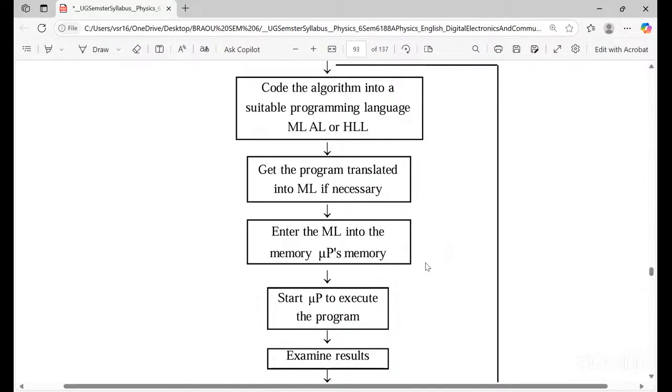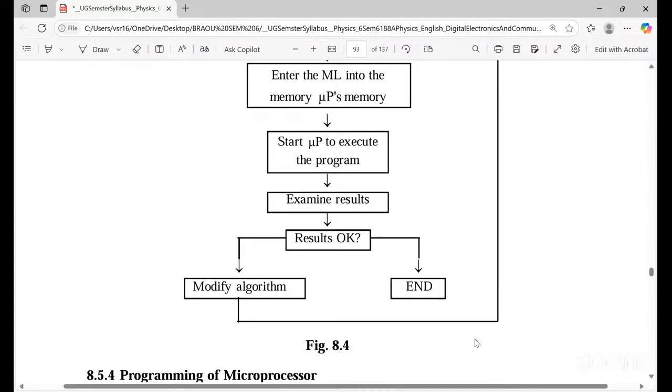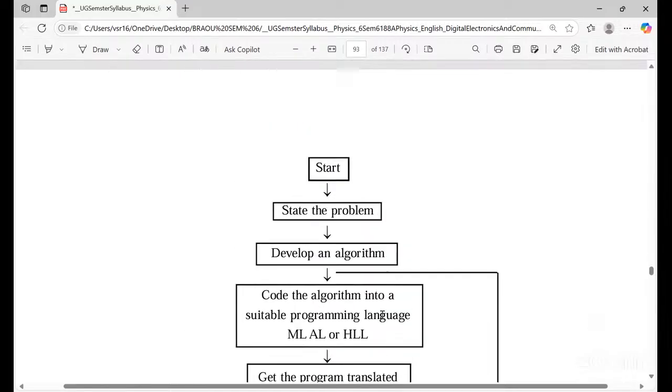Enter the machine language into the memory of the microprocessor. Next, start the microprocessor to execute the program. Next, examine the result. If the results are okay, end the program. Or else modify the algorithm. Again, feedback to the input here.